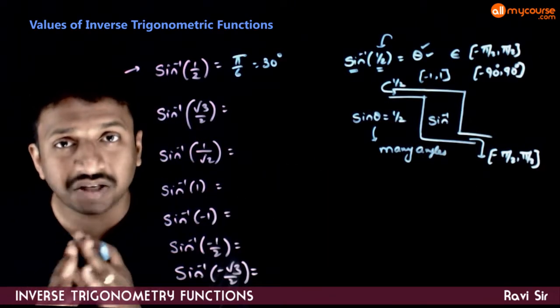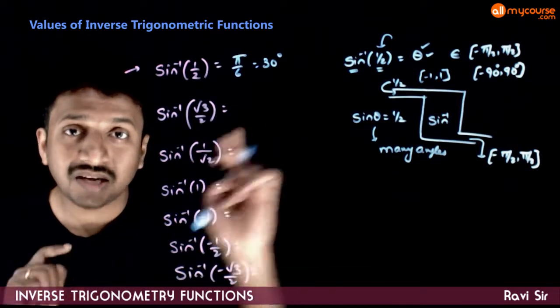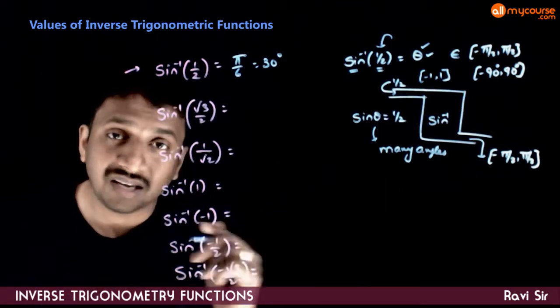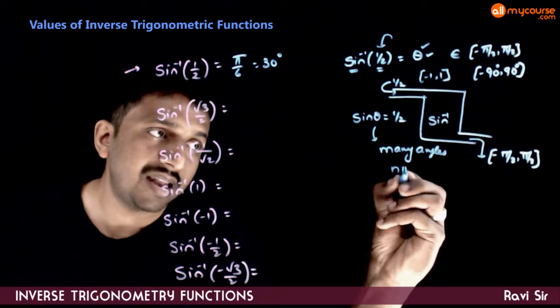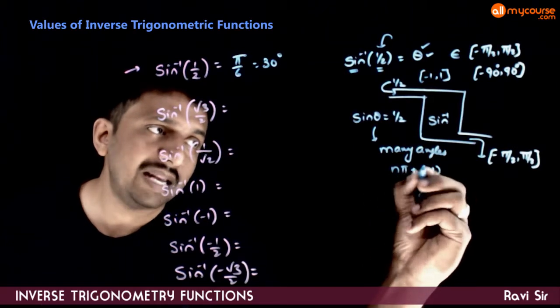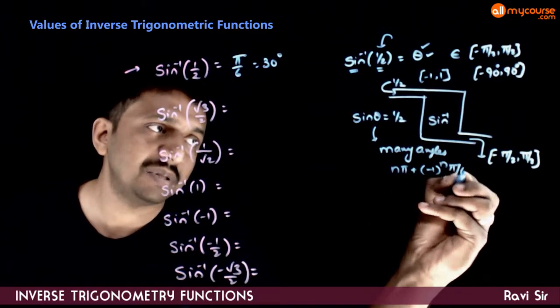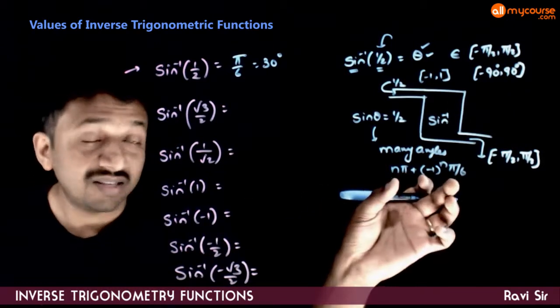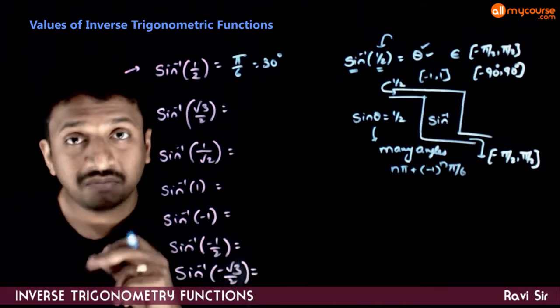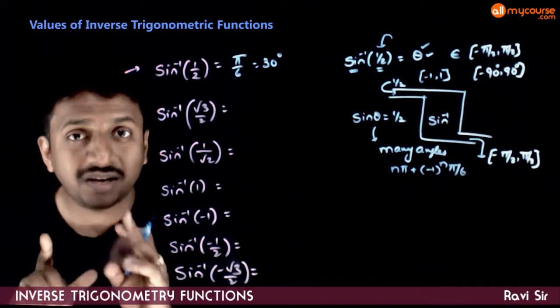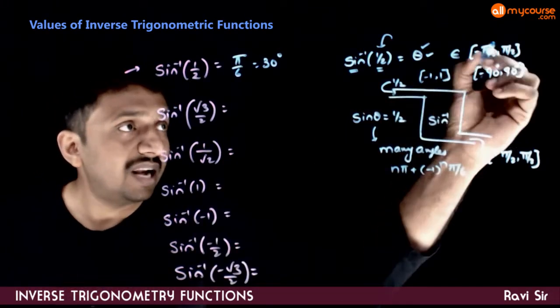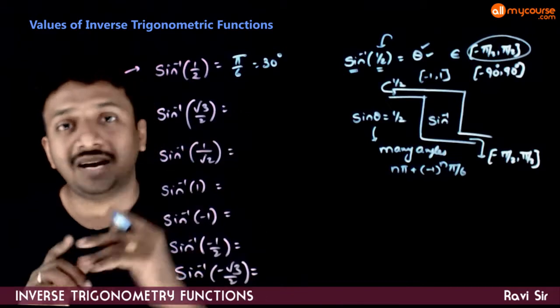In trigonometric equations, we have solved this equation: sine theta is equal to half has a general solution of n pi plus minus 1 whole power n times pi by 6. This is a general solution. But the answer that we write here is that particular solution which lies in between minus 90 and plus 90 degrees.